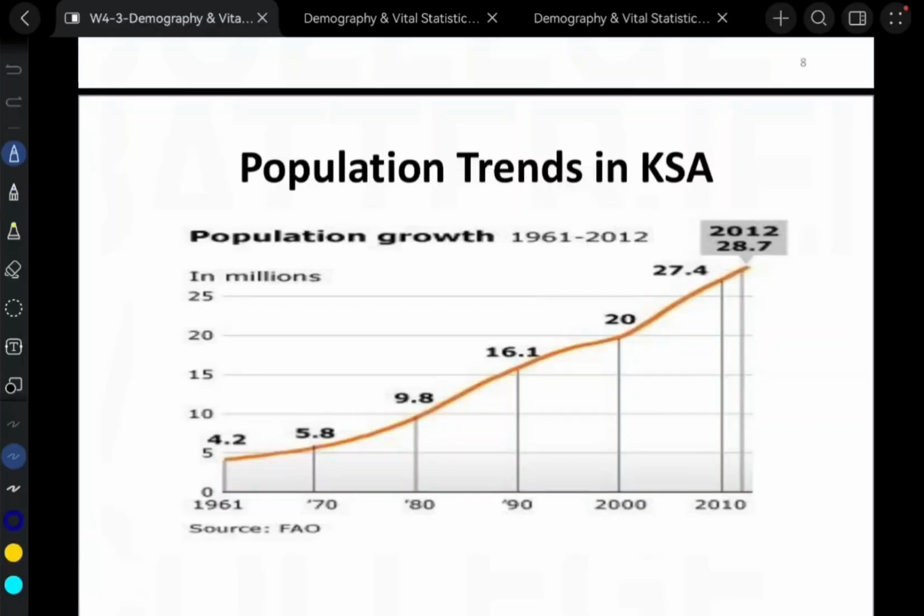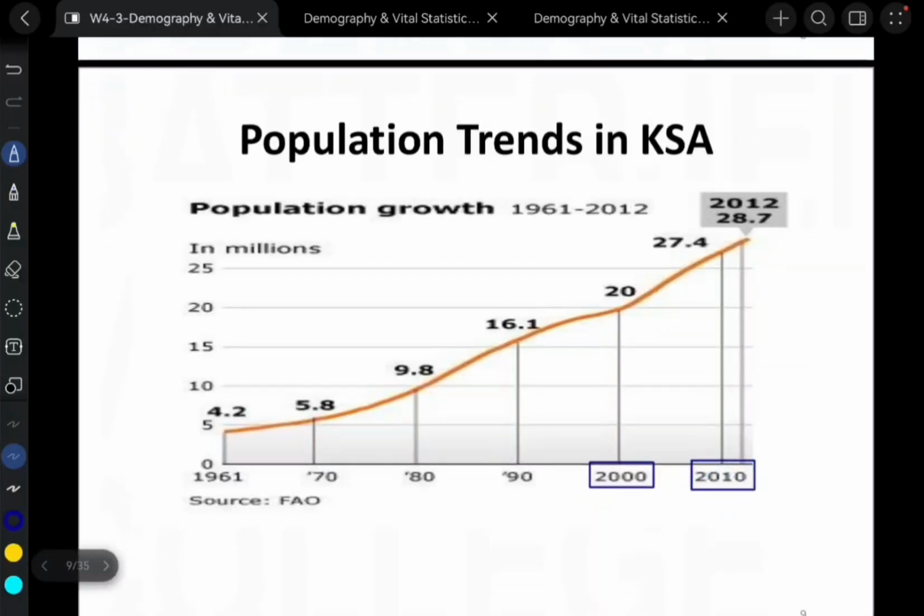So in here, for example, we have the census year 2000 and the other census year 2010. In the year 2000, the population in Saudi Arabia was, I think, 20 million people, and in the year 2010 our population was 27.4 million people. Now if the question gives you this graph and asks for the estimated growth in 2005, that's an inter-census year.